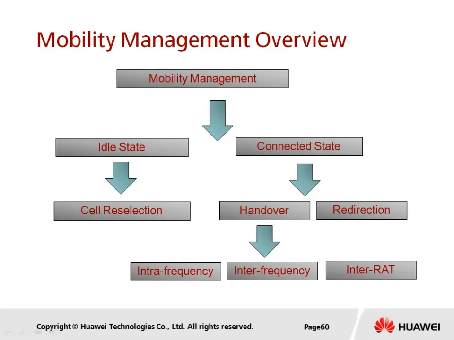The difference between handover and redirection is simply this: handover means the E-UTRAN is going to send a handover request to the target cell or the target system with the help of the core network, and the RRC or the UE context of the user will be released only after the handover has been executed successfully.